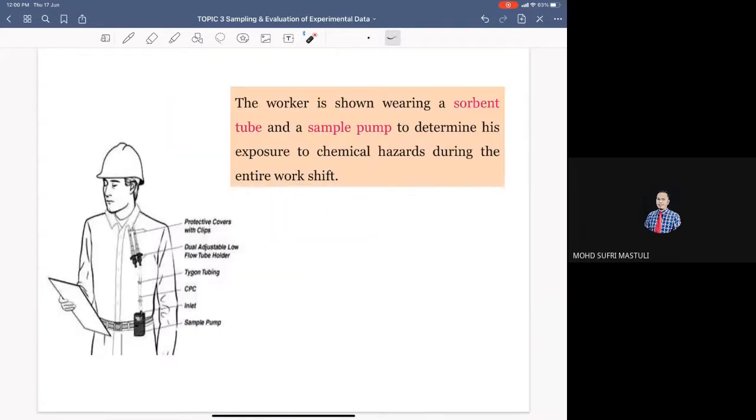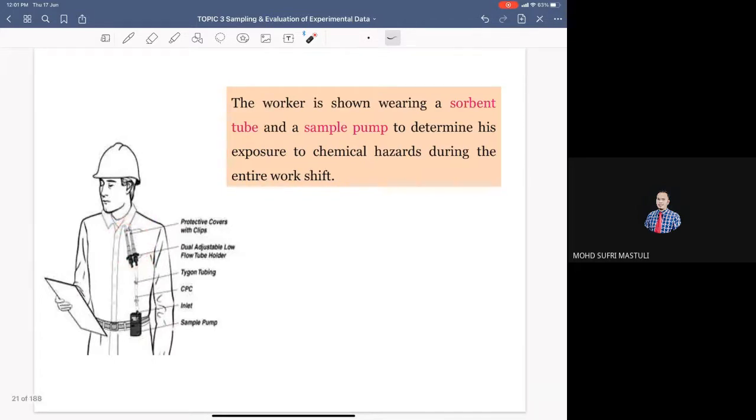This is the scenario when the worker is wearing a solvent tube and sample pump to determine his exposure to chemical hazards during the entire work shift. As you can see, this is the sample pump. Wherever air surrounds him, the air will be drawn in, go through the tube and be absorbed into the solid solvent. If you want to know the content of the air, dismantle this solid solvent and submit it to the lab for analysis.